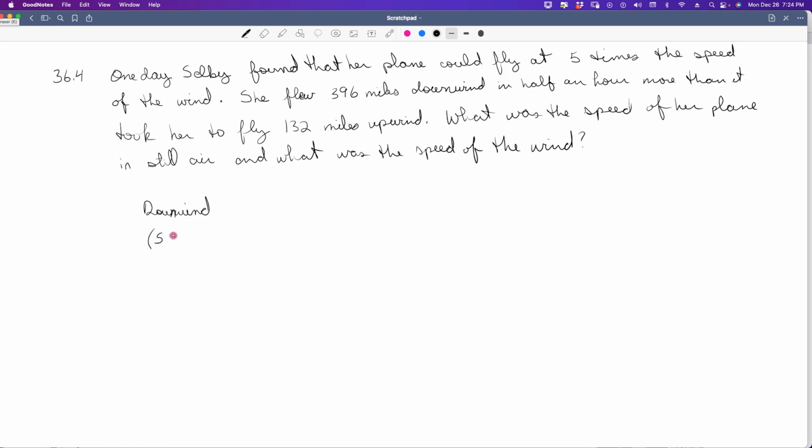So Selby plus the wind times the time downwind is equal to the distance downwind. And her upwind equation is going to be the same thing except it's going to subtract. So Selby minus the wind speed times the time upwind is equal to the distance upwind.